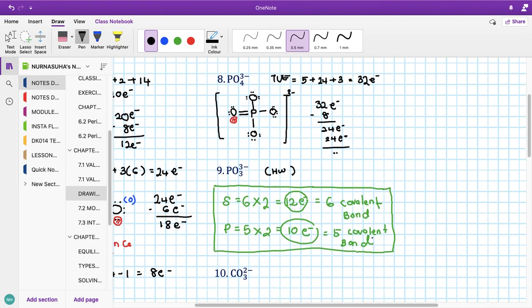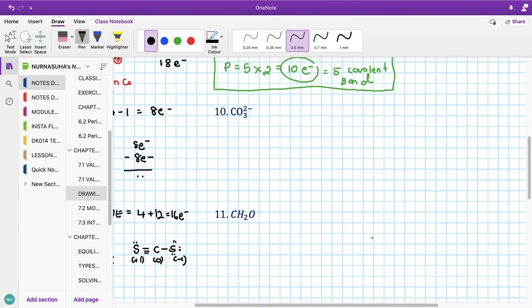Okay, so next we proceed last 3. Okay, CO3 minus. CO3 minus ni antara compound yang agak famous lah. So carbon got 4 valence electron, oxygen 18, kita tambah 2 sebab negative 2 charge dia. So total is 24 electron. So C surrounded by 3 oxygen.